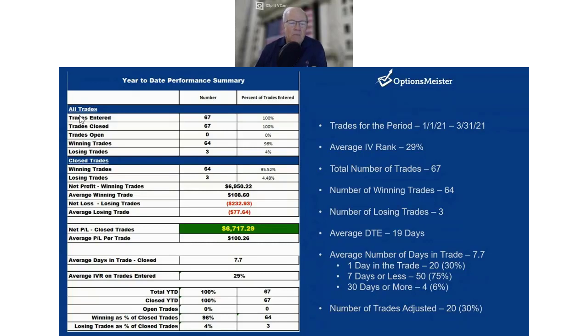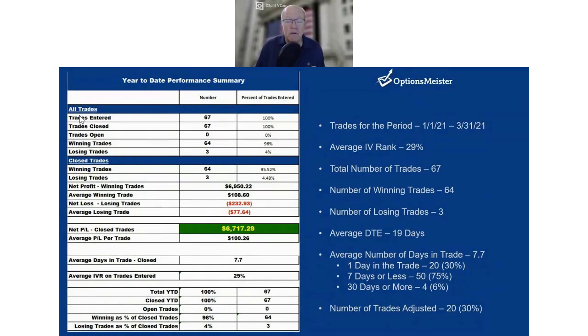I'm making a commitment to myself to put these trades on and close them the very next morning and move on to the next trade. But if I can manage them back to break even or just a decent profit, I'll hang in there for a few days. Anyway, we put on 67 trades.